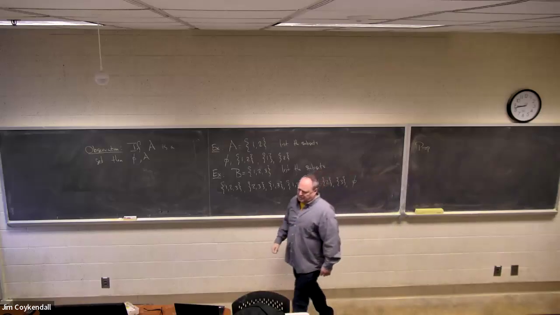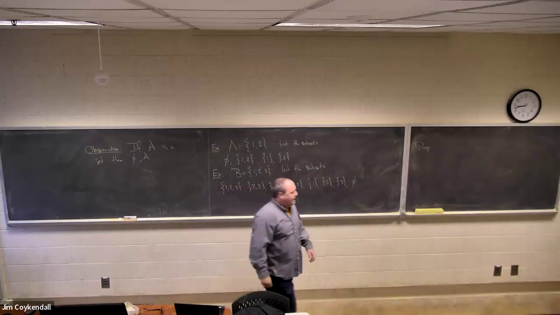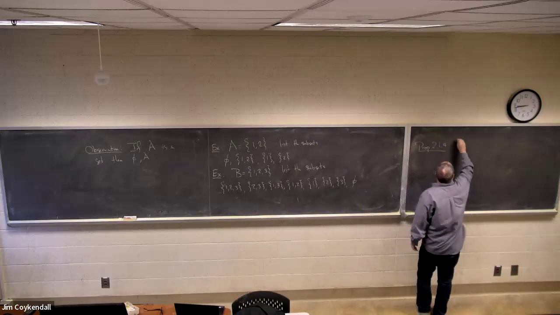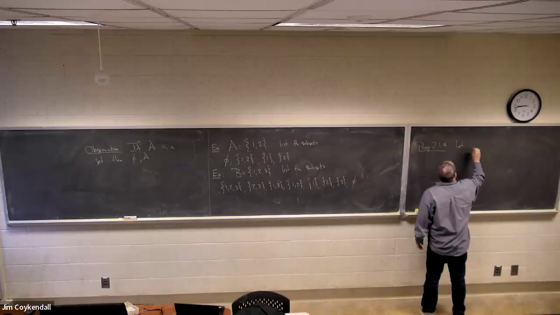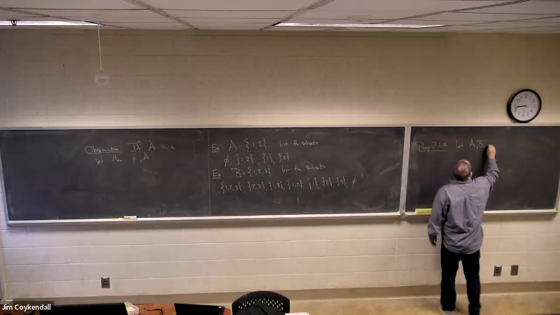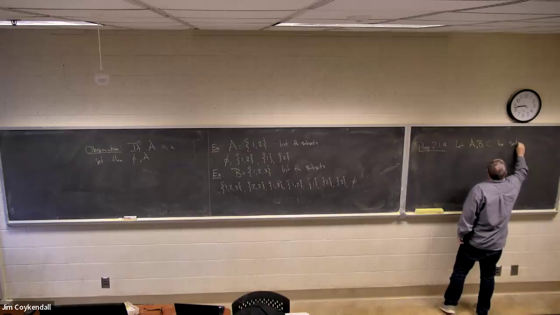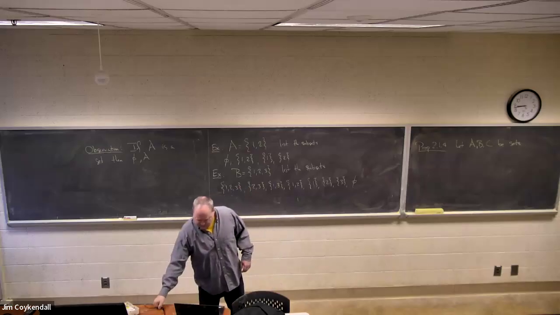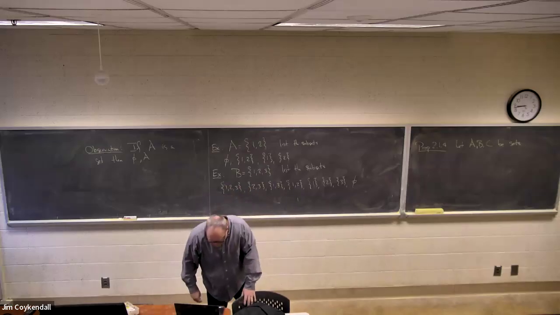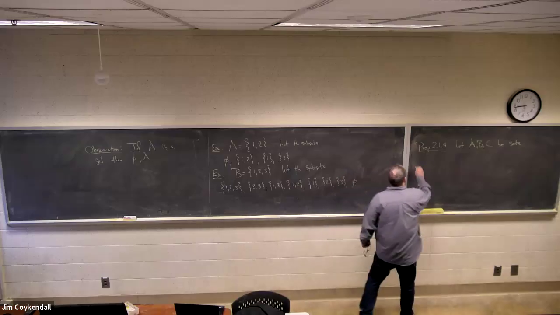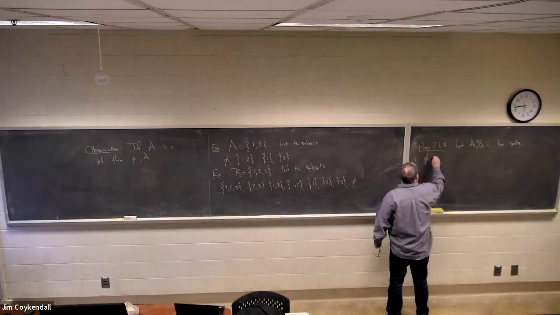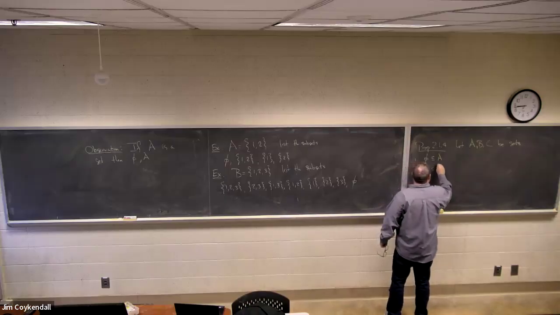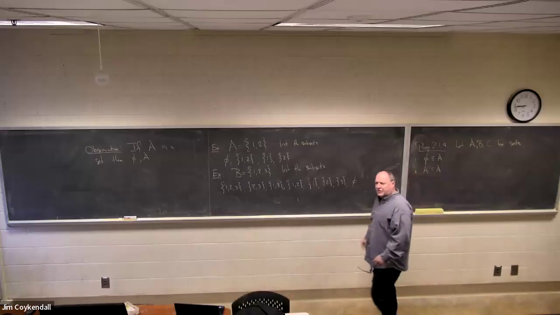Let's look at the following proposition 2.14. Let A, B, C be sets. One, the empty set is a subset of A. Two, A is a subset of A. We've already discussed this a little bit.